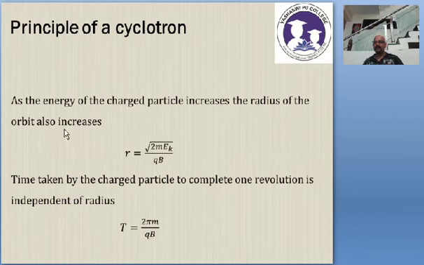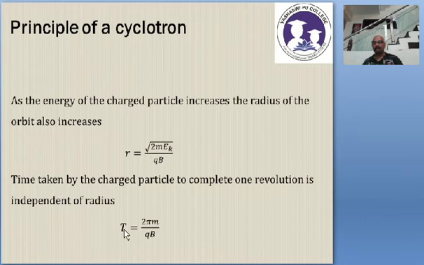Remember, for the principle of cyclotron you have to write these two things. As the energy of the charged particle increases, the radius of the orbit also increases. R is directly proportional to the square root of the kinetic energy, and the time period or frequency of revolution is independent of radius and velocity.